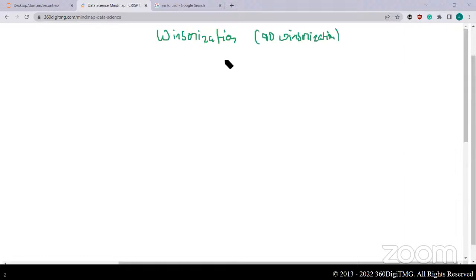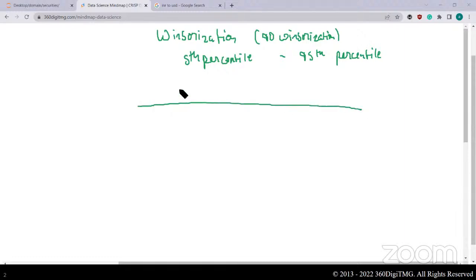Okay, so let's say if you want to do 90 Winsorization, what you will do is calculate the 5th percentile value, and then you'll calculate the 95th percentile value. Okay, so let's say that this is our 5th percentile and this is our 95th percentile.